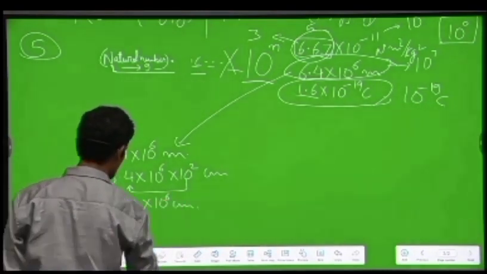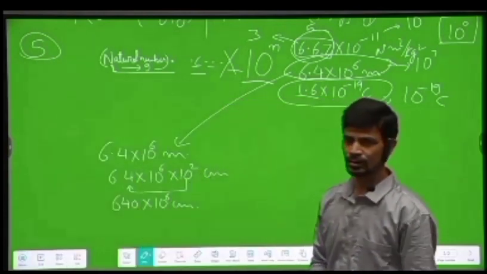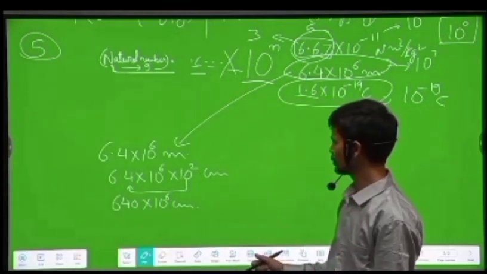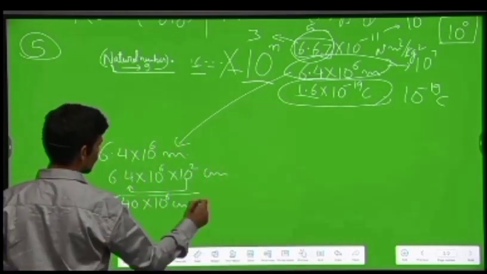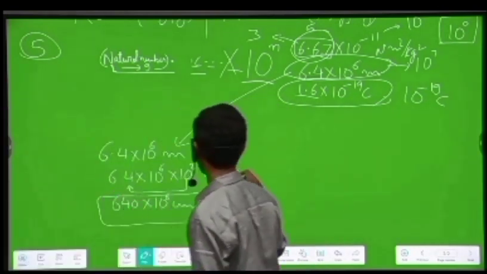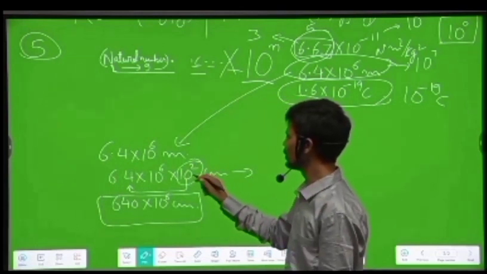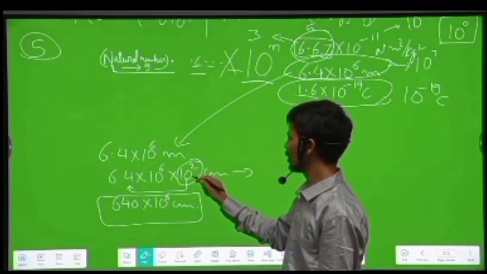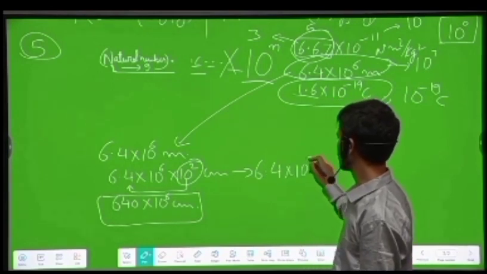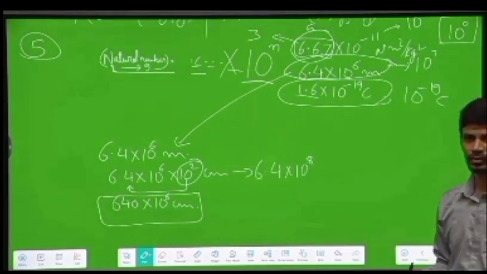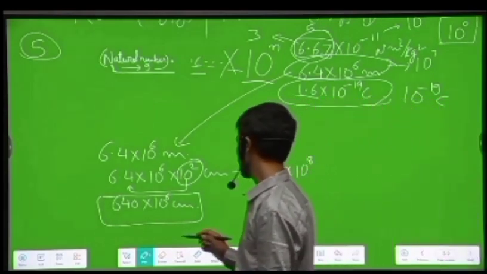First thing, it is not the scientific method. So for such type of value, if I want to convert it into centimeter, I have to give these additional power of 10 to this exponent part. This is how we are going to do it. So keep this thing in your mind.